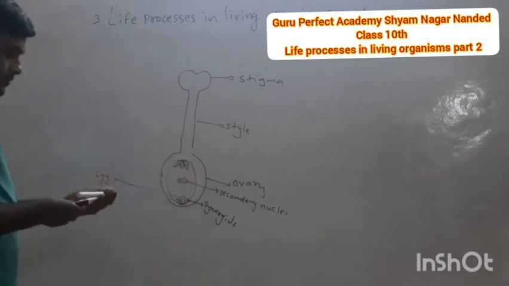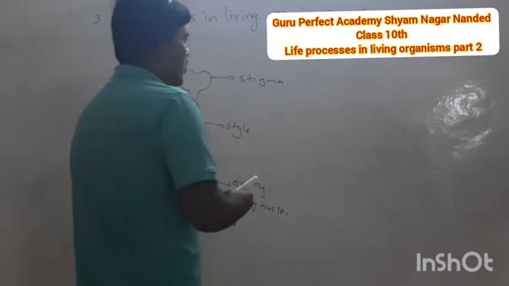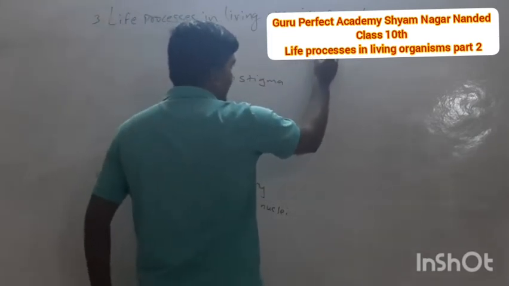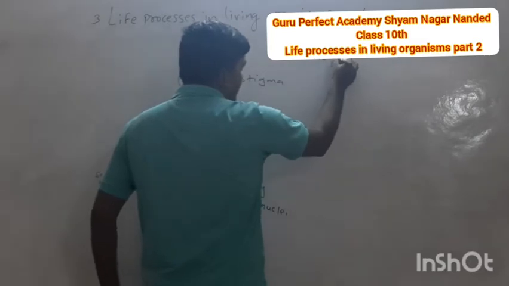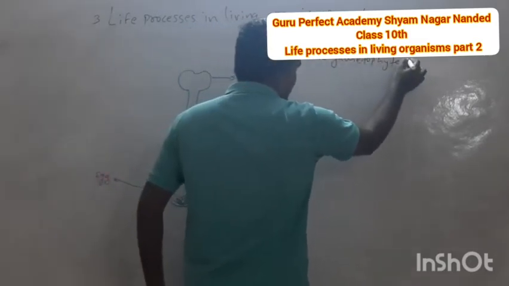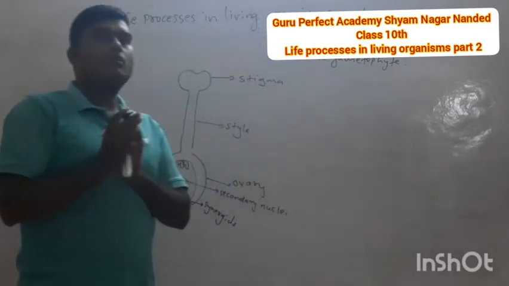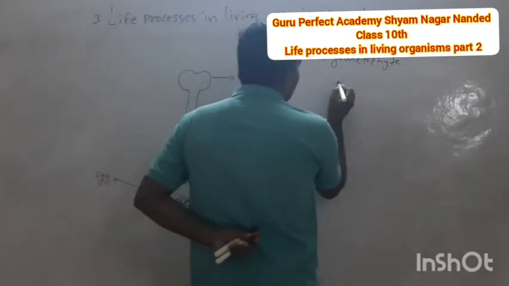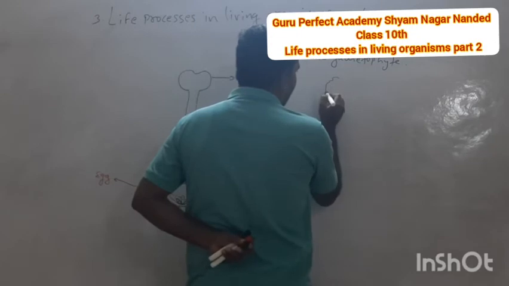What happened? First of all, the male gametophyte formed. What is the structure of the male gametophyte?